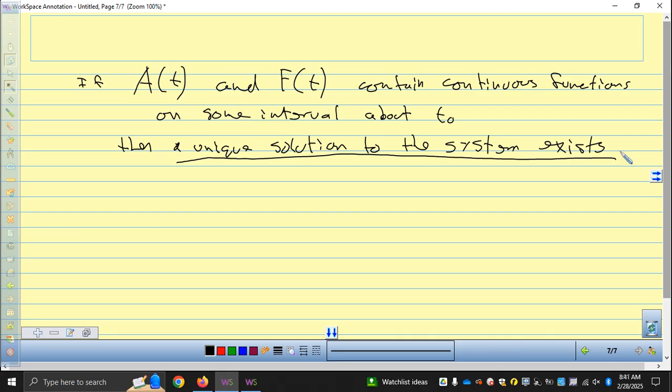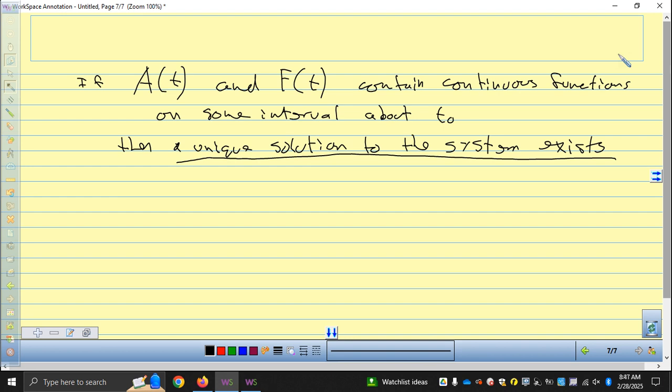So the only condition we need for existence of a unique solution is that we have this matrix of continuous functions. For what we're doing in this class, this coefficient matrix usually will just be constants. And f of t, the functions that make our system non-homogeneous, are continuous.